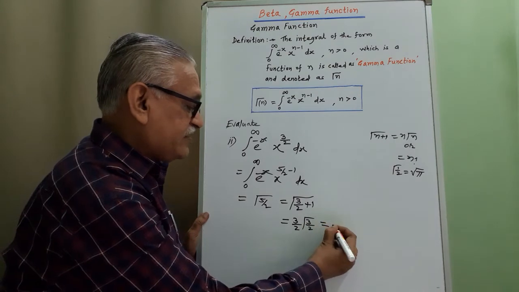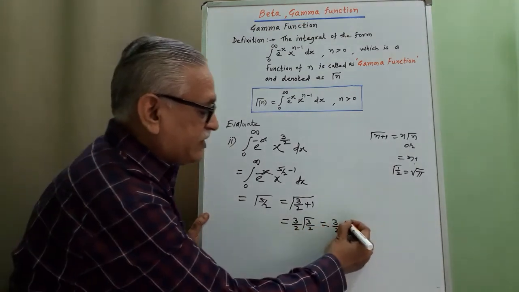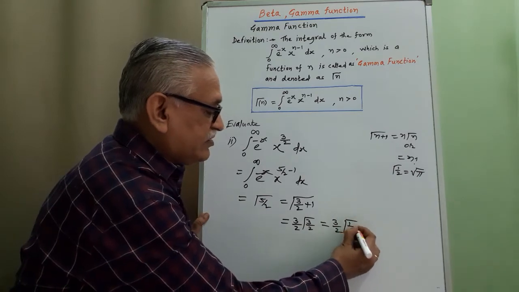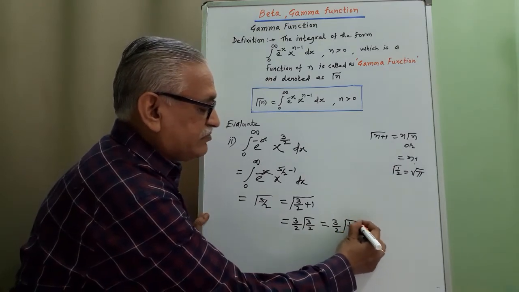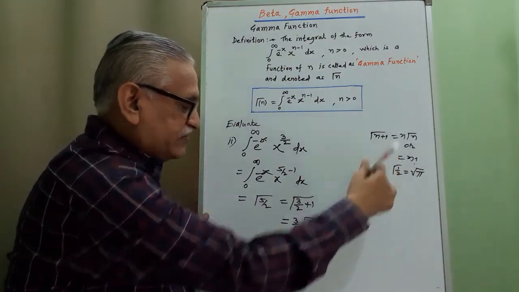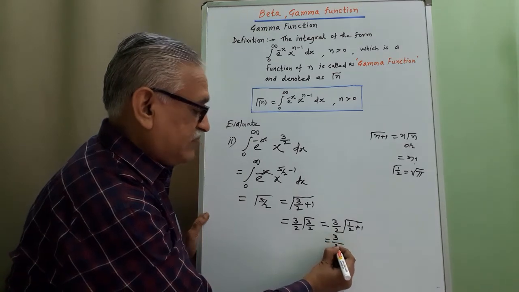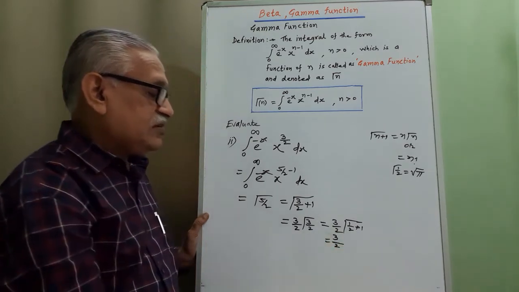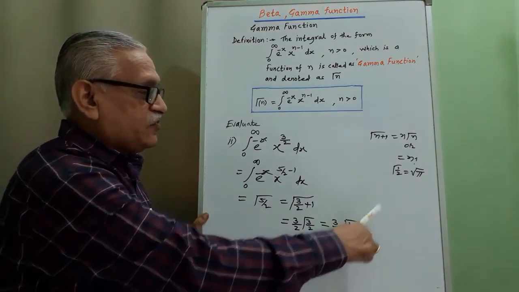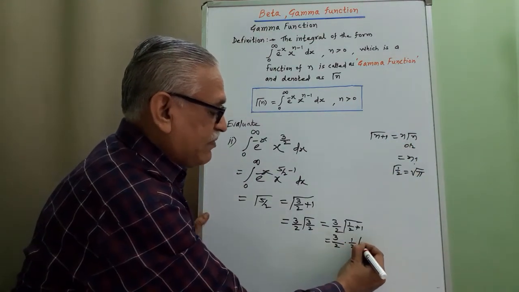We can rewrite that 3 by 2 as 1 by 2 plus 1. Then once again applying the same property, Gamma n plus 1 is n Gamma n, therefore it is 1 by 2 into Gamma 1 by 2.